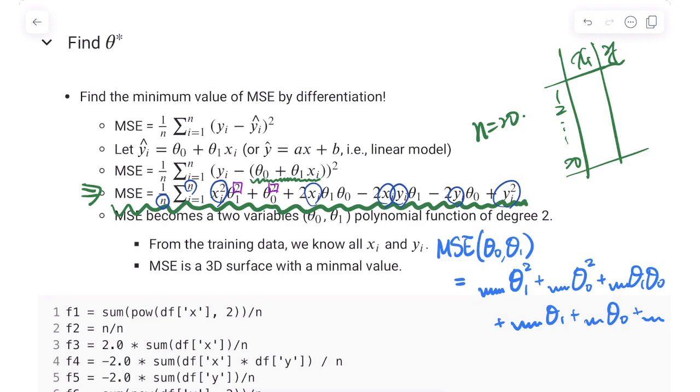Basically, you can view MSE as some kind of function of theta 1 and theta 0. And it has a square right here.